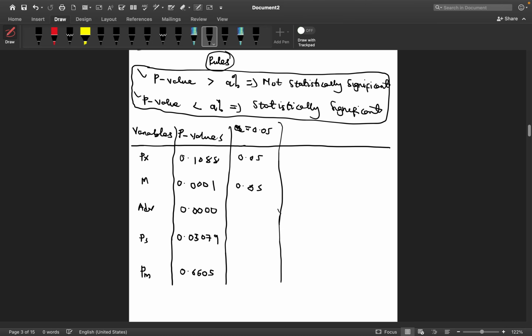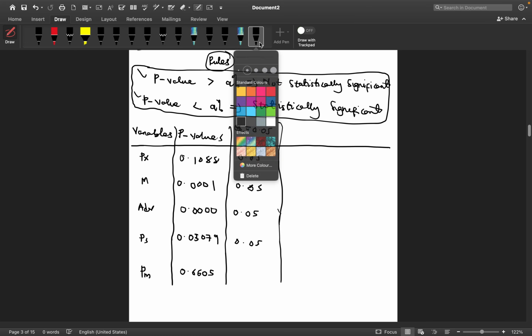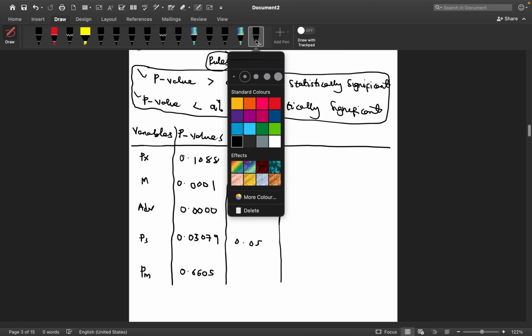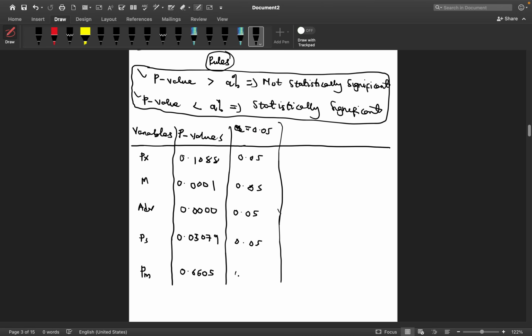The level of significance is 5%, so I'll fill it in the whole of this column. This is 0.05, this is 0.05, this is also 0.05. So we can now do the comparison. This side is our decision rule.